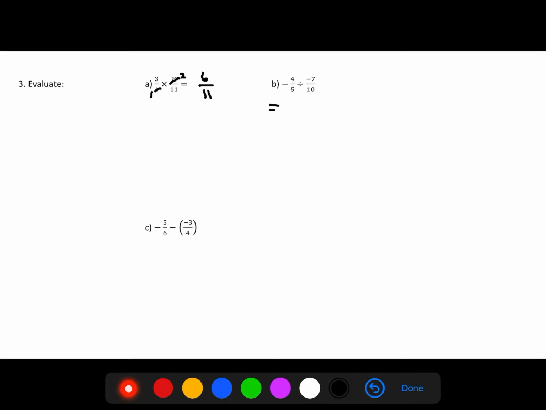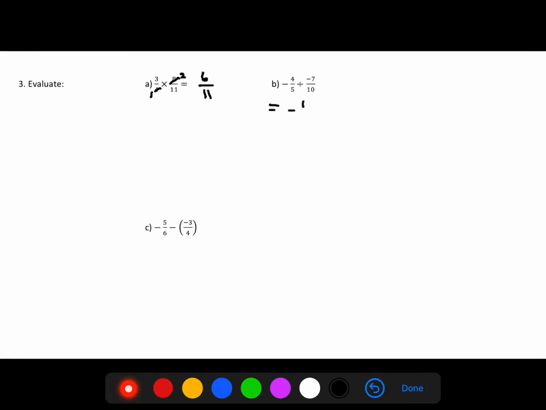In part B, this time we have a dividing question. We can't divide across the top and the bottom because we could have a fraction within a fraction, which we don't want. What we want to remember is that if we are multiplying by a half, it's the same thing as dividing by 2, the reciprocal.